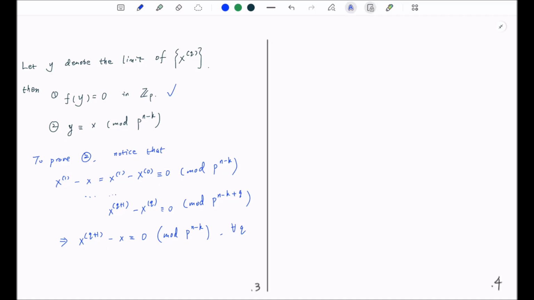Now from the last line, we can replace this q plus 1 just by q, because this is for any q.